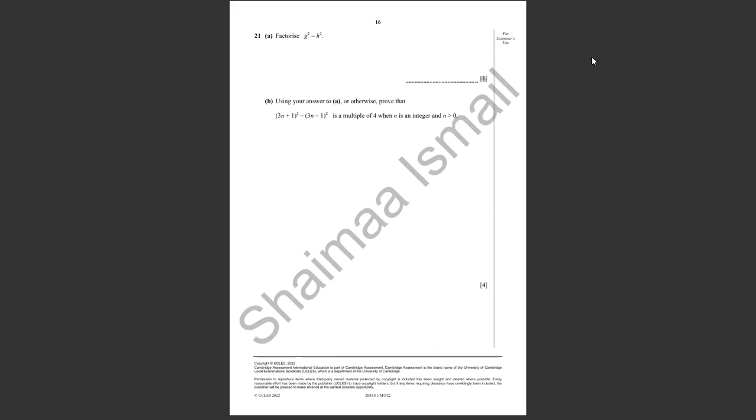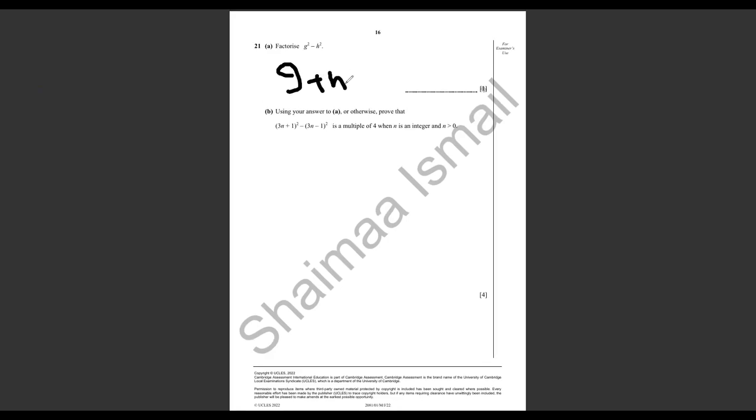Factorize. Here, factorization, we have a big sum plus minus brackets. Okay. G minus H, G plus H. What else? Using your answer in A, or otherwise, prove that 3n plus 1 squared minus 3n minus 1 squared is a multiple of 4 when n is an integer.